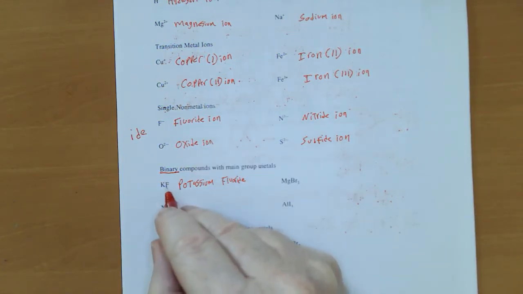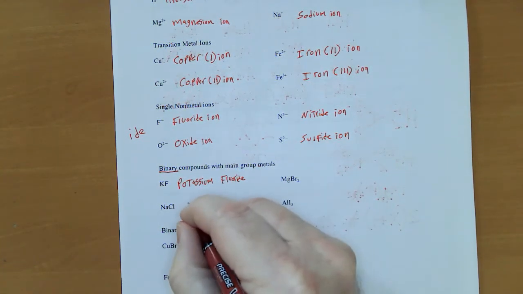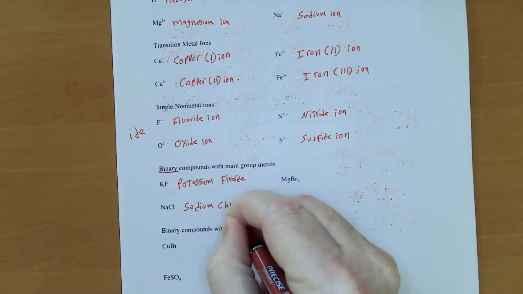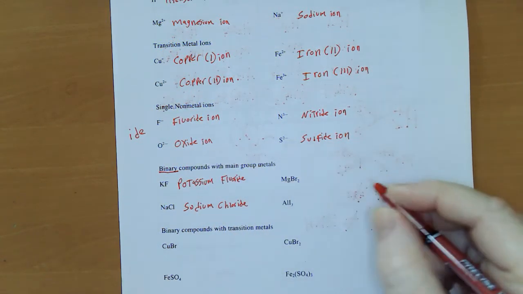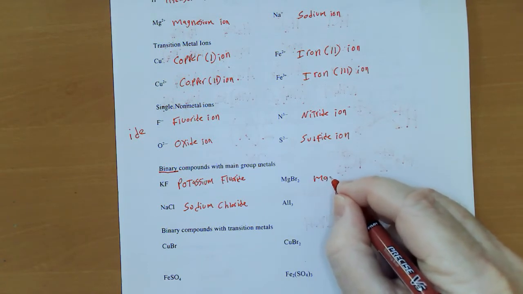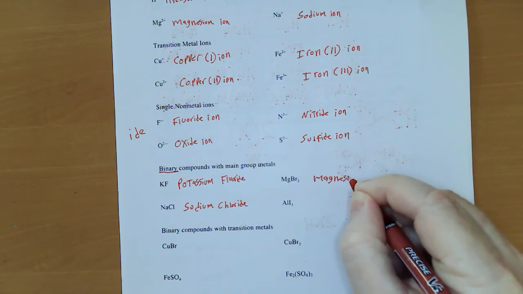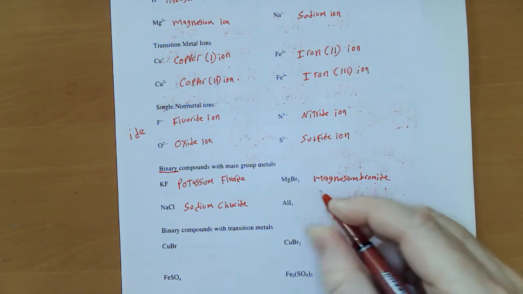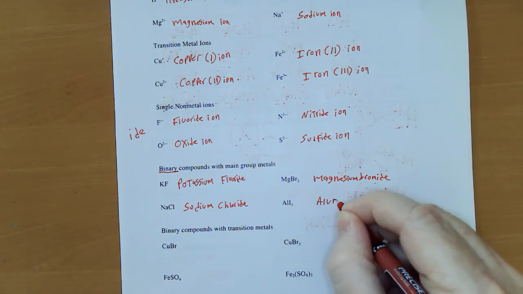K is potassium, F is fluorine, but it became fluoride because it was the negative. This is sodium chloride. This is magnesium bromide. This is aluminum iodide.